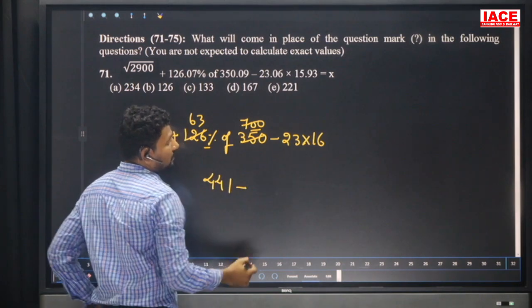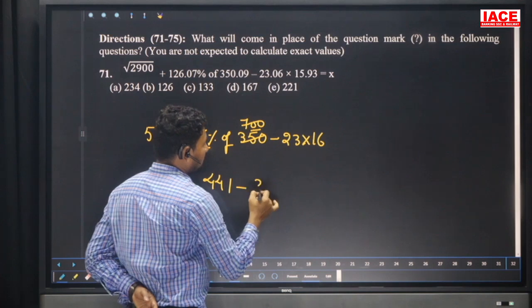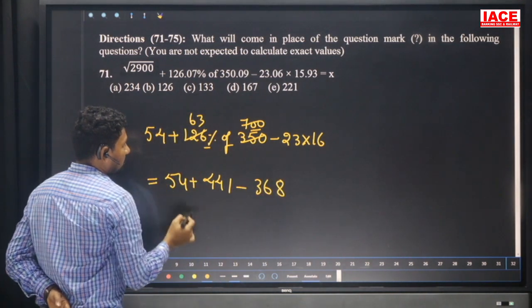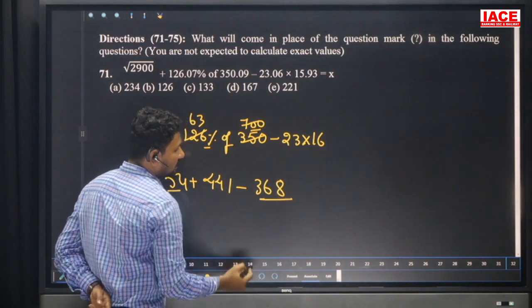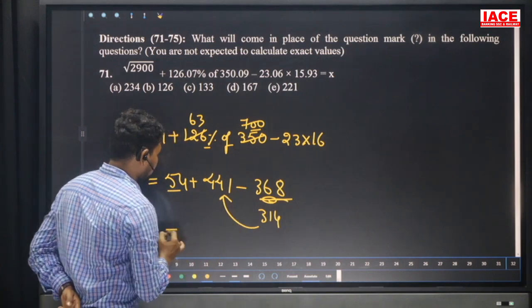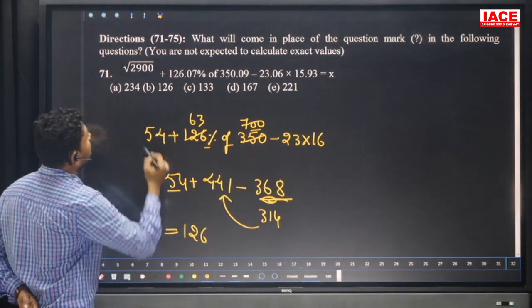Minus 16 20s is 320, 16 3s are 48, it is equal to 368 and 54. So here 54 is removed from 368, which is equal to 314. Then 314 is again removed from 441. We will get the value 126. Our option is B.